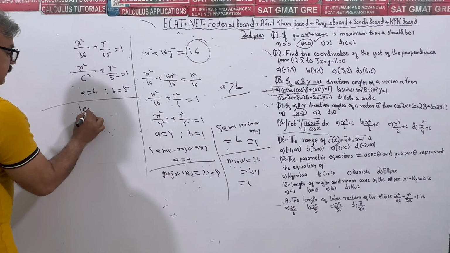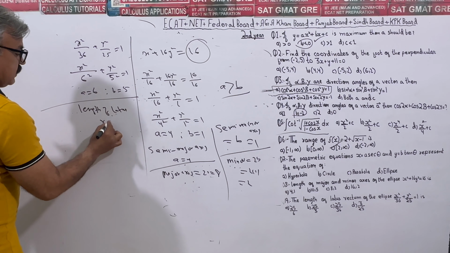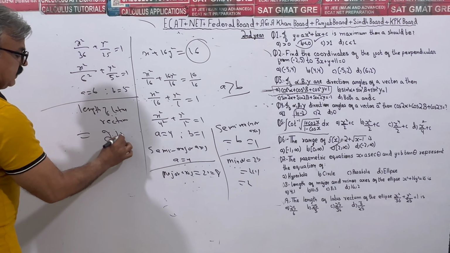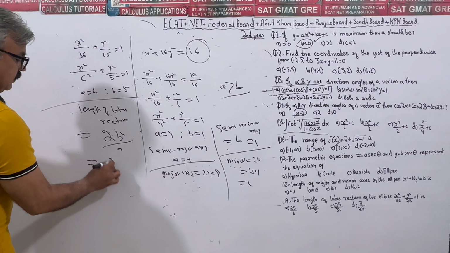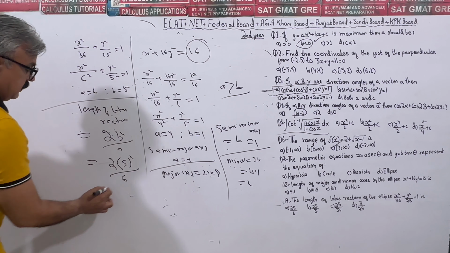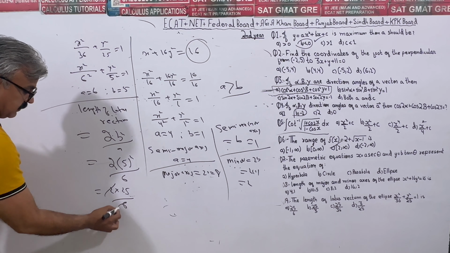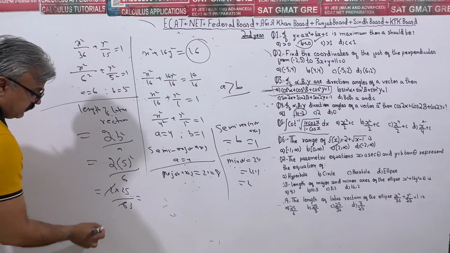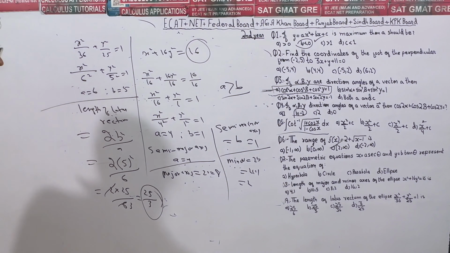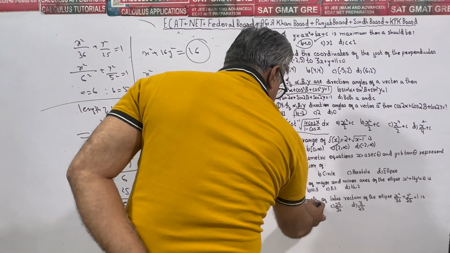The length of the latus rectum is 2b square over a. 2 times 25 over 6; 2 times 3 is 6, so 25 over 3. So that's the answer in that case.